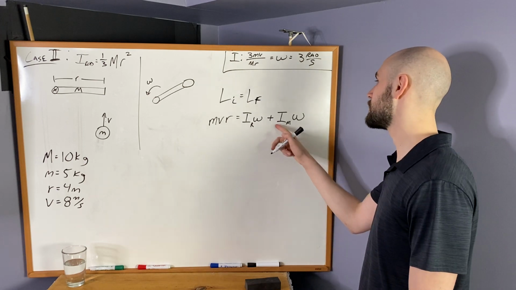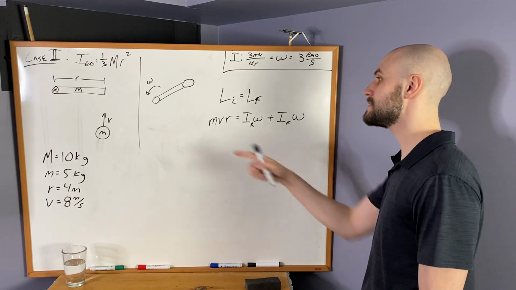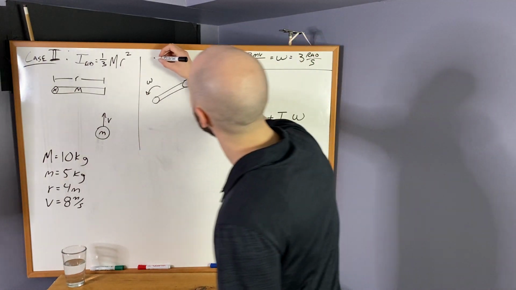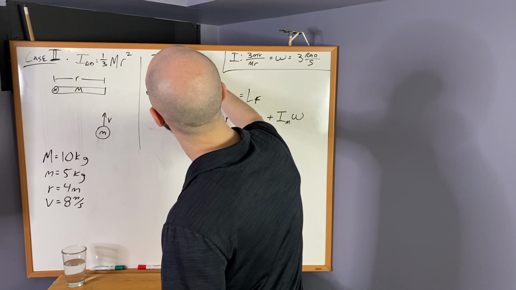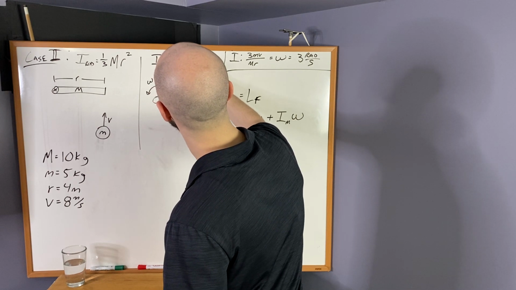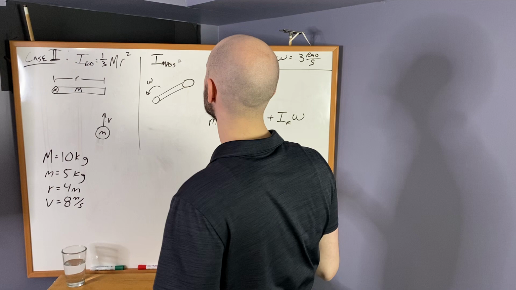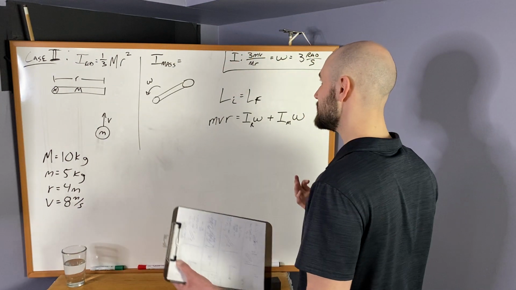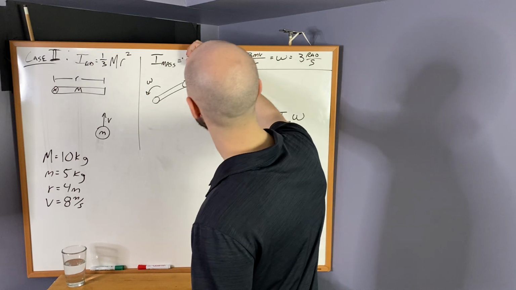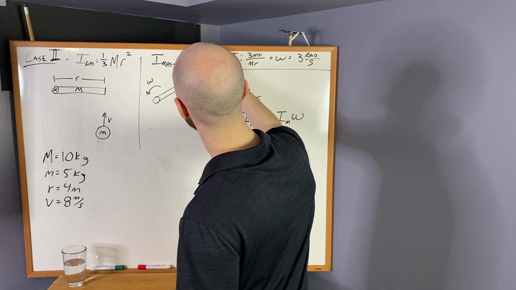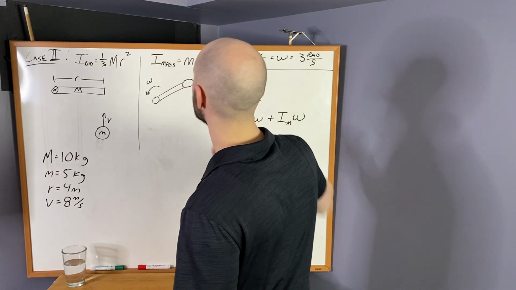If you recall, the rotational inertia for a point mass is equal to the sum of mr squared for all the point masses going around, but here it's one point mass going around, so it's just little m, r squared.